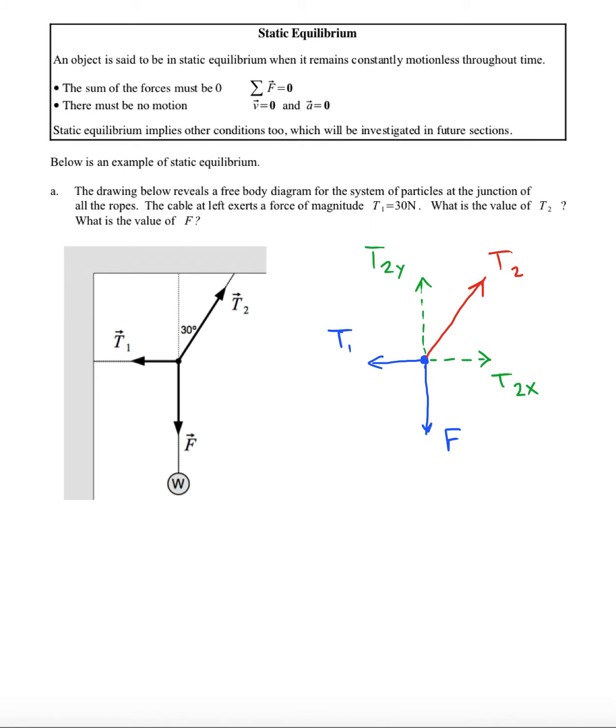Let's also label that T1 is given to be 30 newtons. We also see that this angle is 30 degrees. And by complementary angles, both of these angles have to add up to 90, so that means that the other angle must be 60.